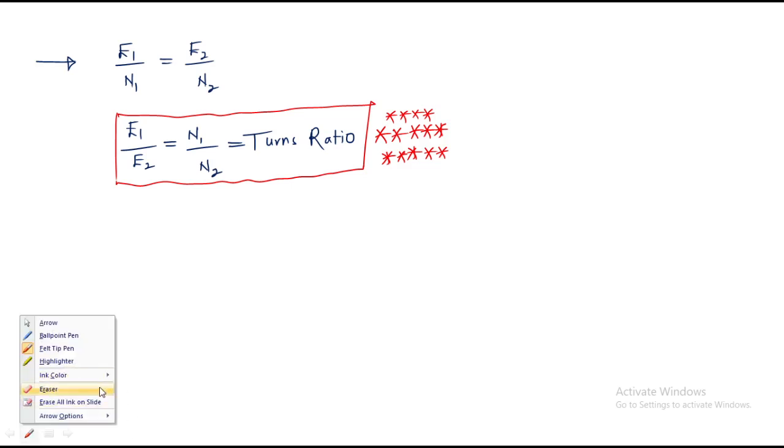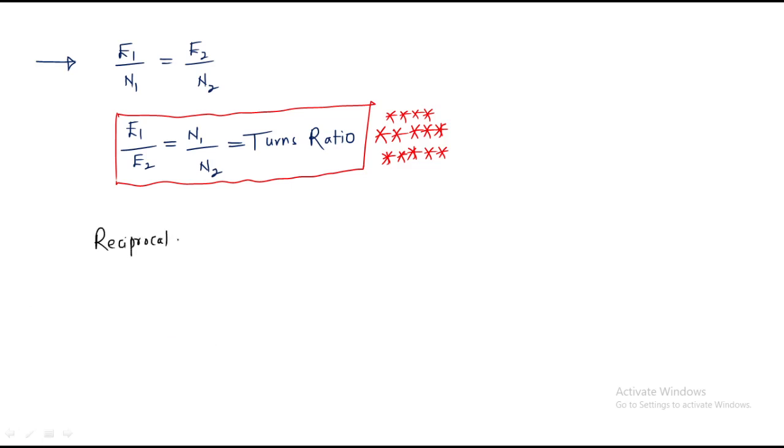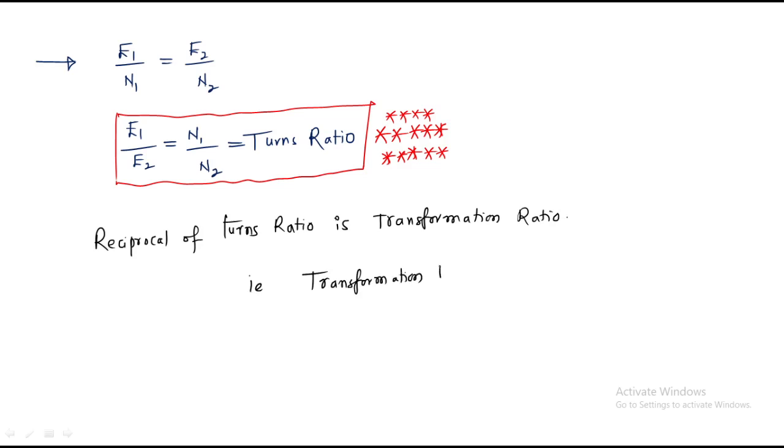So like that, the reciprocal of turns ratio is the transformation ratio, which is equal to 1 by turns ratio.